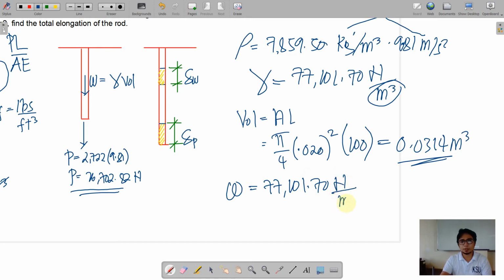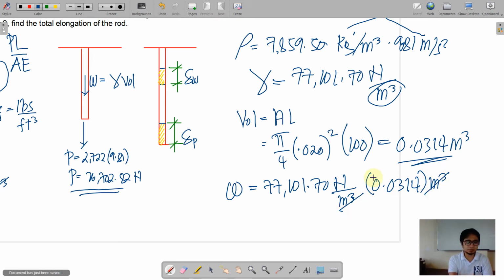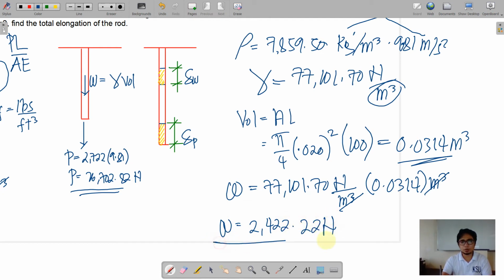Let me place the unit so that you can see that cubic meter here will just be cancelled. So we have an equivalent weight of 2,422.22 newtons.